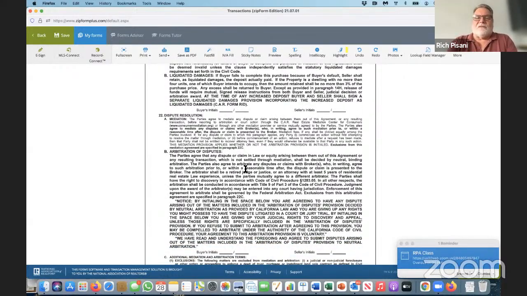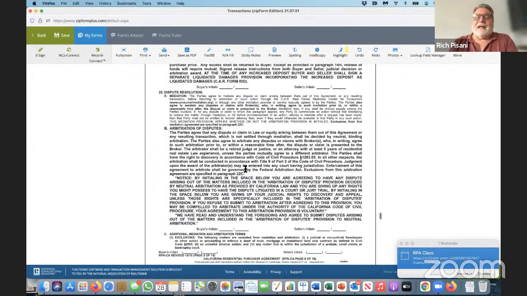Dispute resolution, first step always is mediation. Then if arbitration is initialed, the next step is arbitration. What is arbitration? Arbitration is a judge or a real estate attorney who listens to the arguments on both sides, and they rule based on that, and their ruling is final.